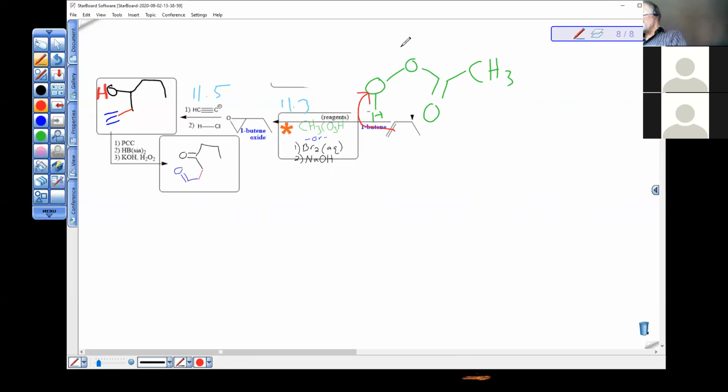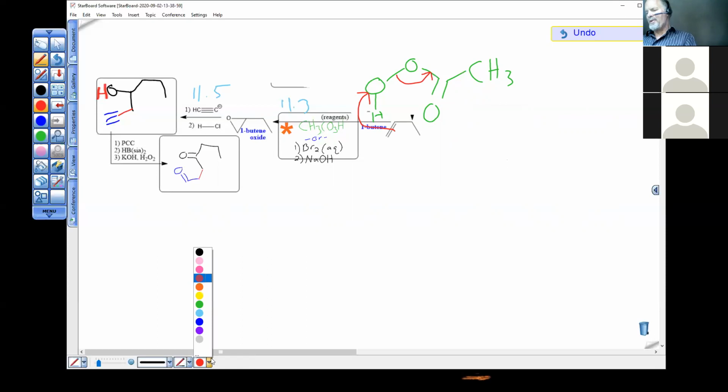Don't attack the proximal one. The arrows won't work. And then you resonate this. You're going to get a new carbonyl. This O is going to grab a bond to the H. Going to have crossing arrows.